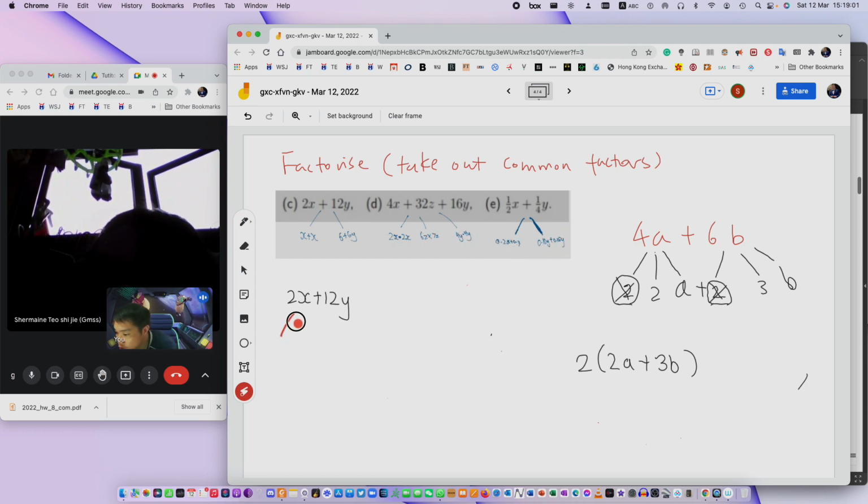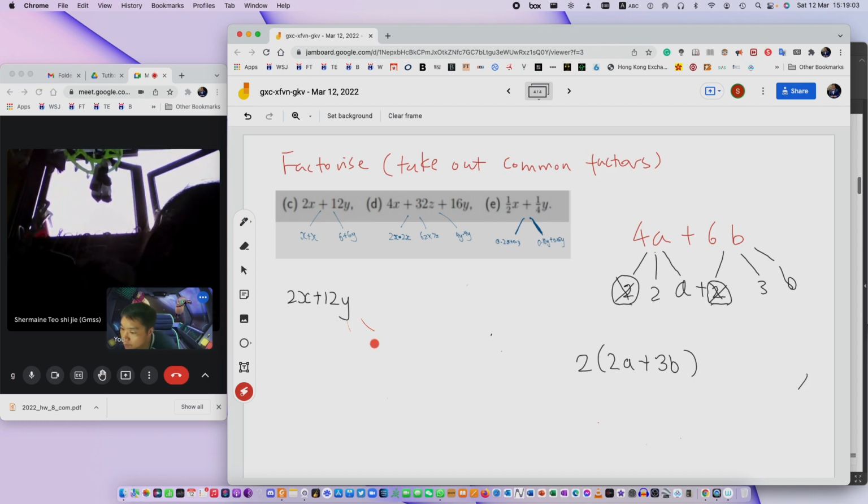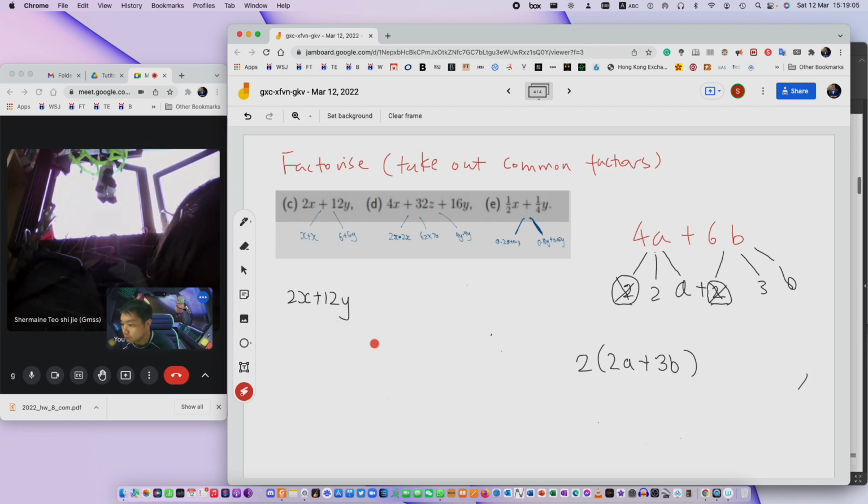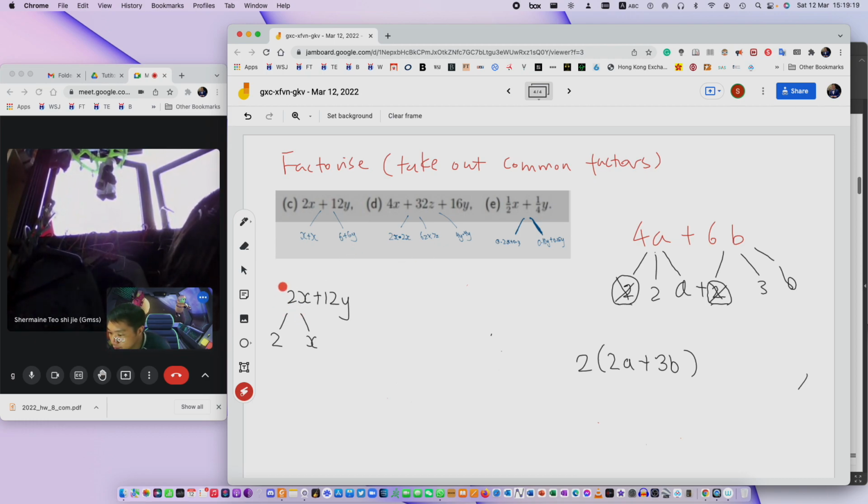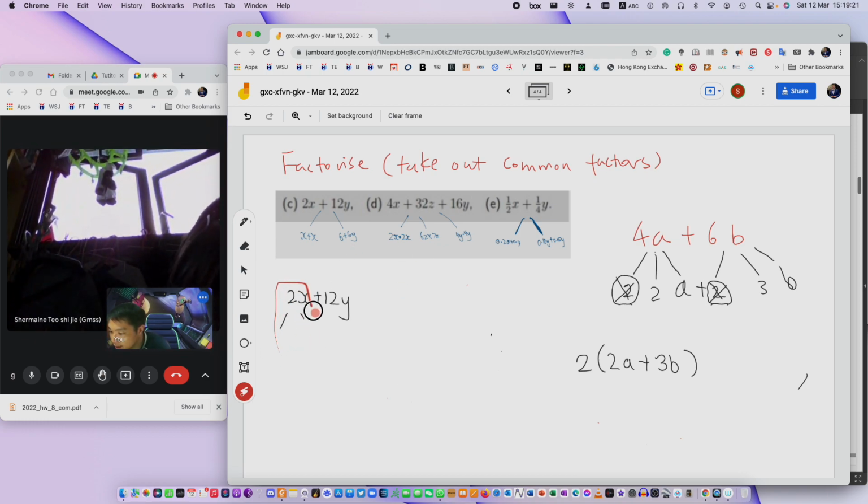Can you split now? You don't write so big until you don't have space for the plus. Try to write it small enough such that it only occupies the 2x space.